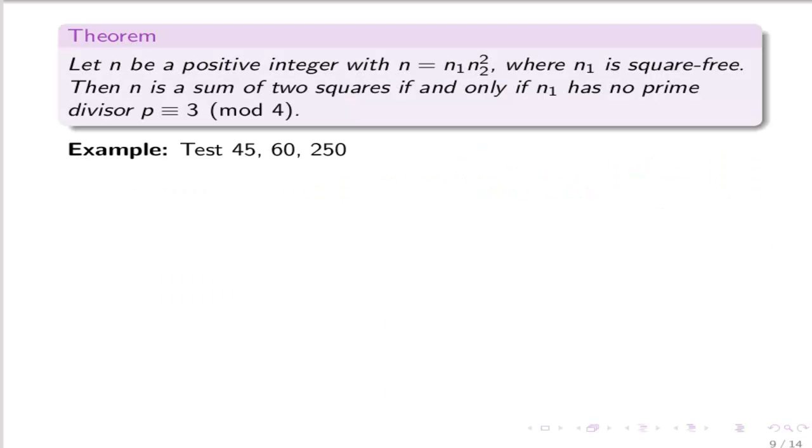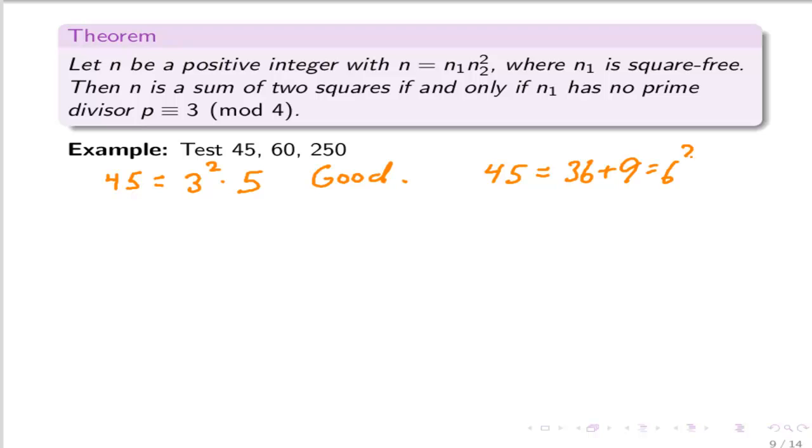Okay, let's do some examples. So 45, let's factor it into its prime factorization, so that's 9 times 5. That's 3 squared times 5. Now 3 is a bad prime, but it occurs to an even multiplicity. So this is good. And what is the expression? We can do this as 36 plus 9.